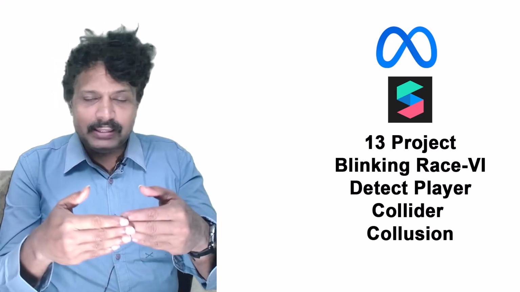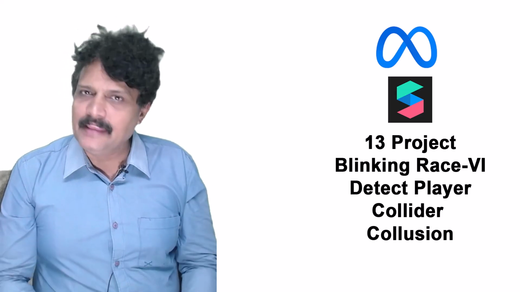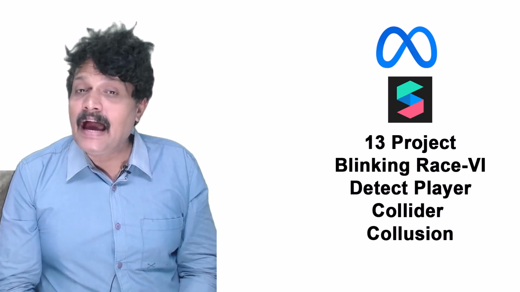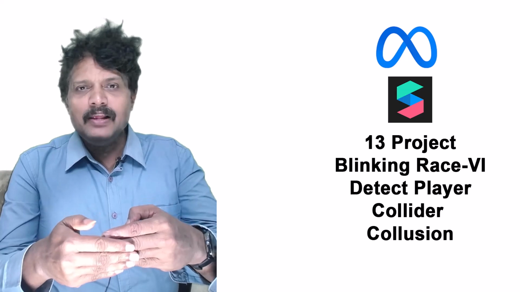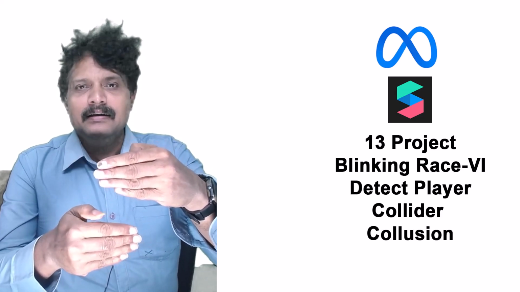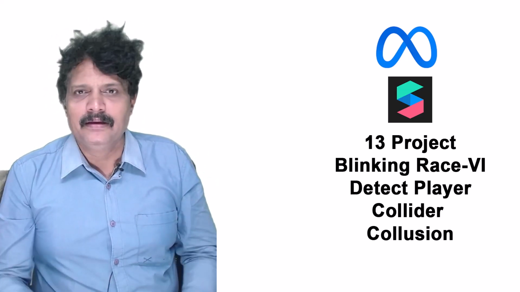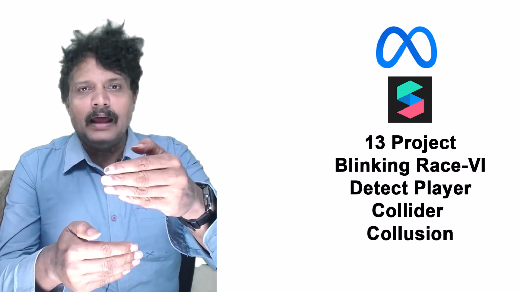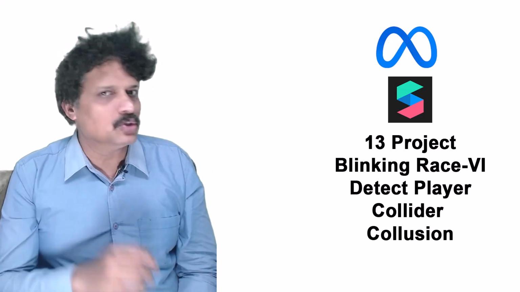And when it is within a specific range, they are both at the same position on the x value, and at that time we have to check its y value. If the y value of the player is more than the collider, it means he has jumped and we have to add the point. And if the y value is not greater than the collider, then it means he has crashed. We have to close the game.